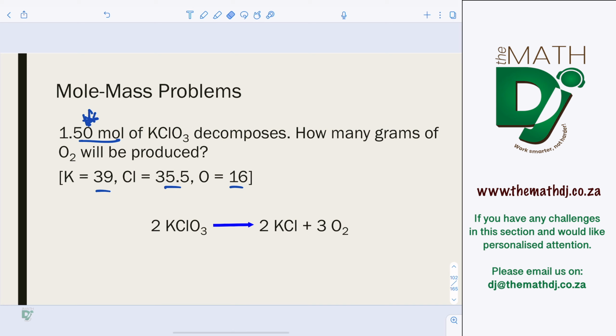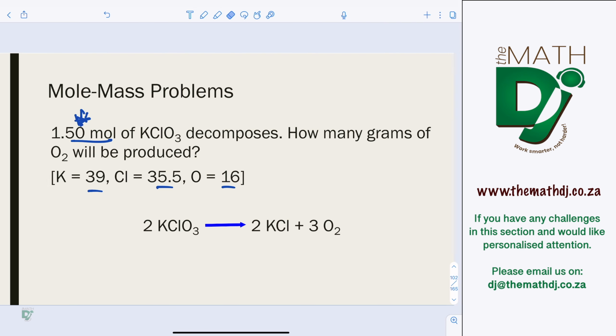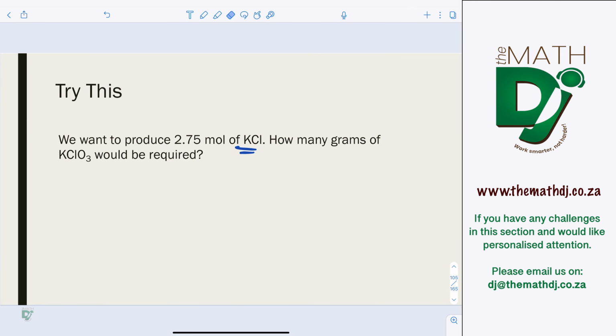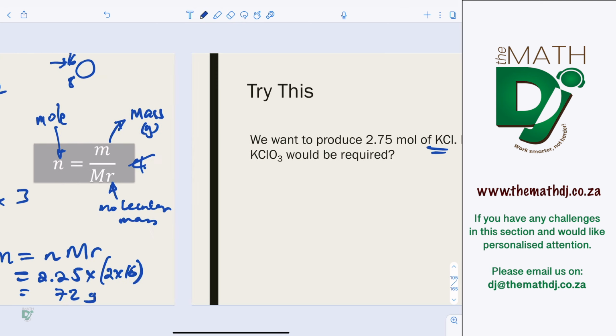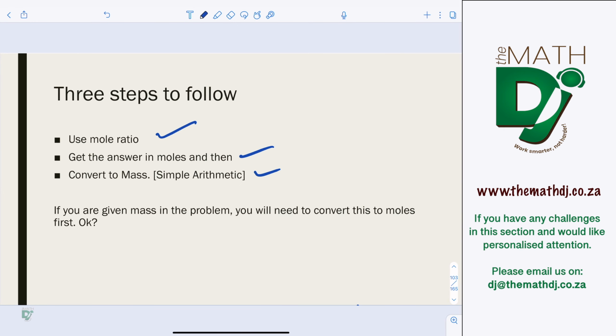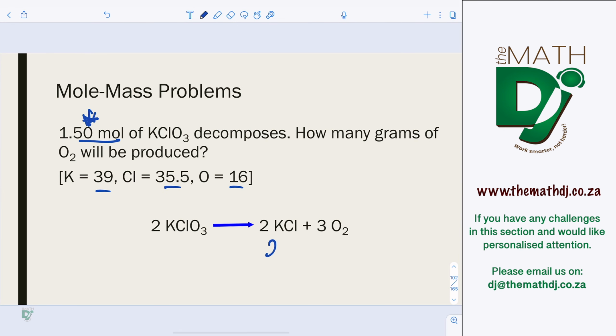Just to make it easier for you, we are saying this one. We have 2.75. That's what we want. 2.75 moles. So how many of this do we want?